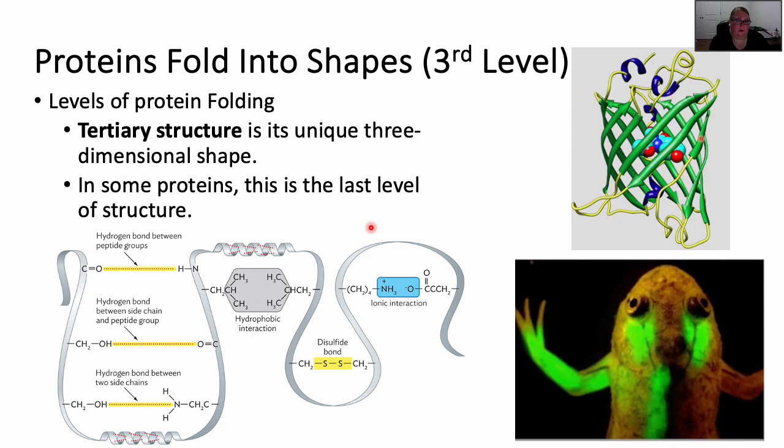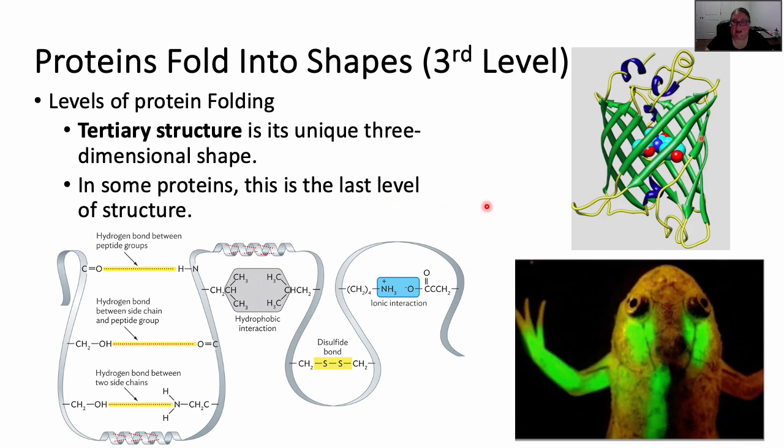One of my favorite and one of Dr. Burroughs' favorite proteins is what we call GFP. GFP stands for green fluorescent protein. It has been isolated from jellyfish, and it's the thing that makes some jellyfish glow in the dark.